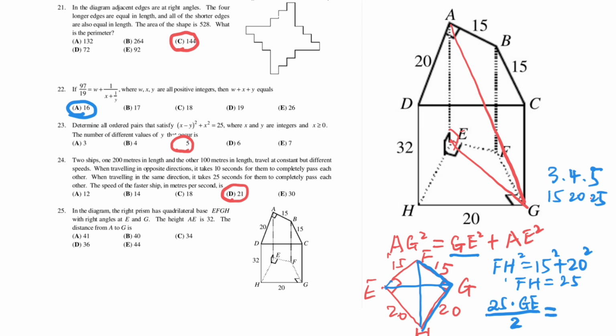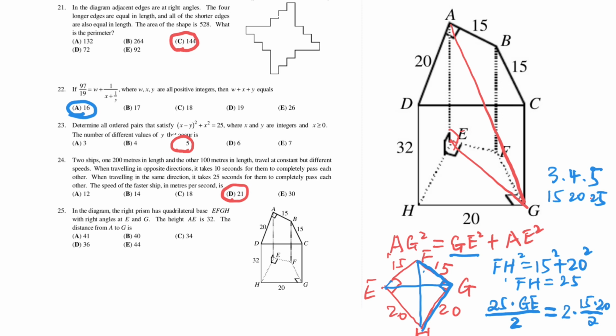For this problem, we can also take triangle FGH and multiply by 2, because EFH is congruent to the right side. So the 2 triangle areas use the 2 legs, 15 times 20 divided by 2.